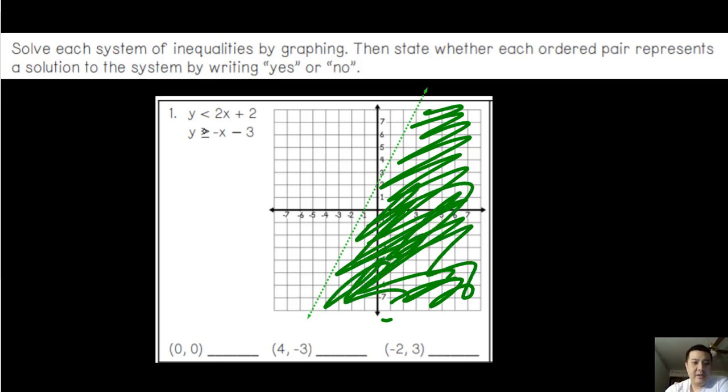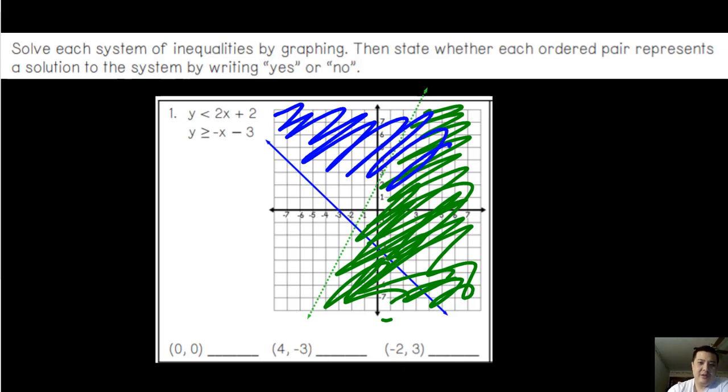And then this one says y is greater than or equal to -x minus 3, so we're going to have a point at -3. And it's going to slope downwards by 1, and so we're going to have a line like that. Okay. And it says y is greater than, so we're going to be shading everything above that. Let's do that in blue.